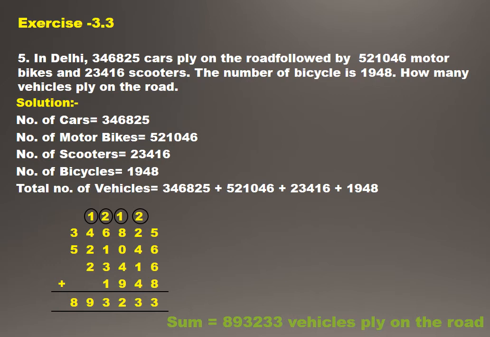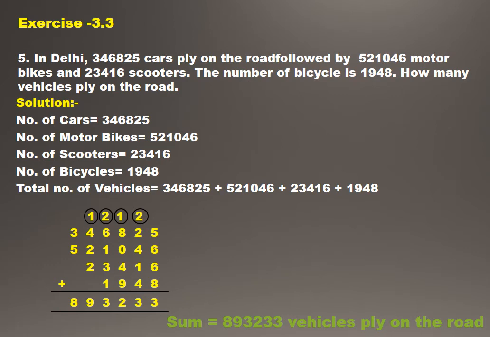What is the question over here? How many vehicles ply on the road? So, total number of vehicles is equal to 3,46,825 plus 5,21,046 plus 23,416 plus 1,948. Now you have to arrange these numbers in vertical order.